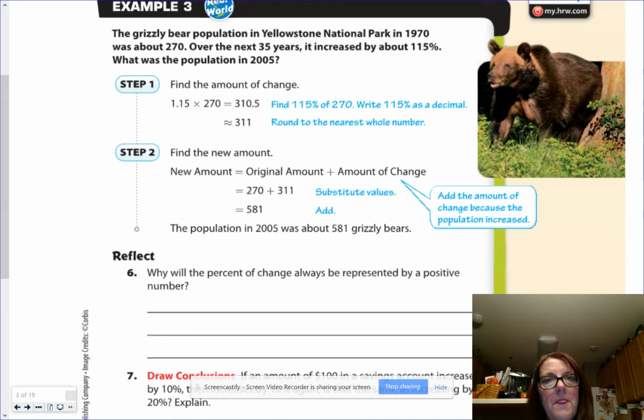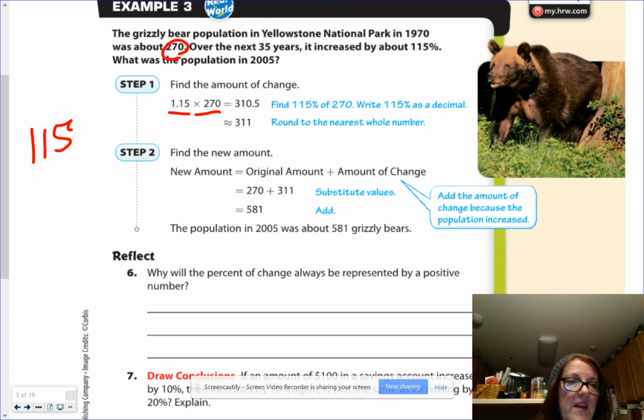All right, one of these last ones here, we're going to talk about grizzly bears. Now, this one said that they had about 270 bears to start with. And then over the next 35 years, it increased by about 115%. So what was the population in 2005? Well, you start with 270, that's our starting number, multiply it by 115%.